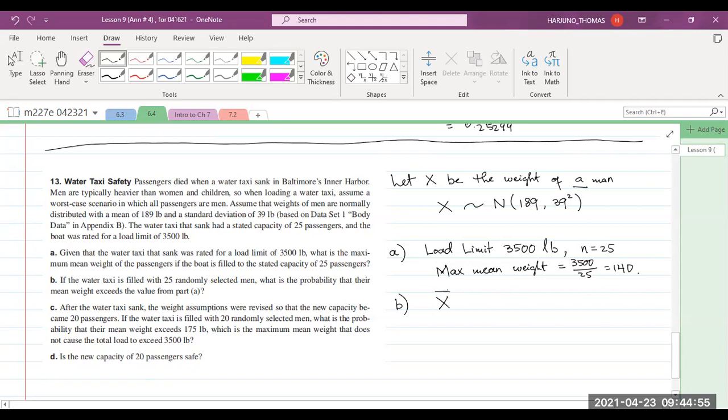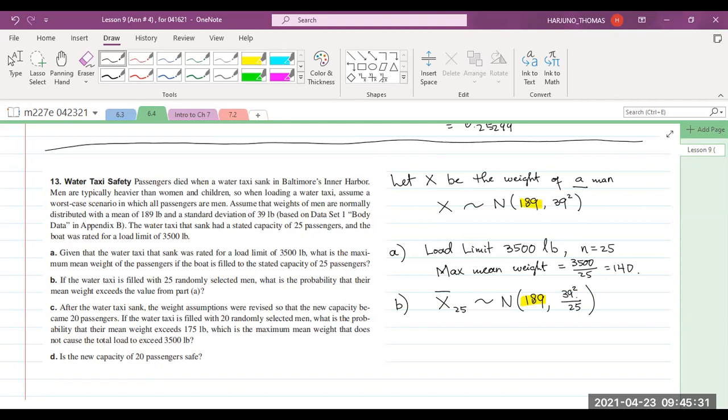So the average of 25 men will be normally distributed with the same mean 189 of the underlying distribution, right? Okay, but the variance will be 39 squared over 25. Notice that the standard deviation actually is smaller, not bigger.